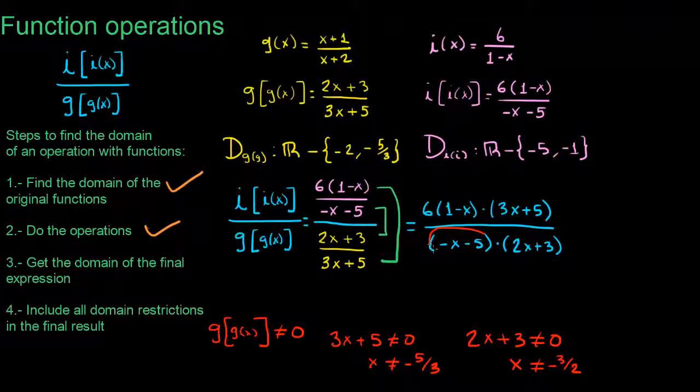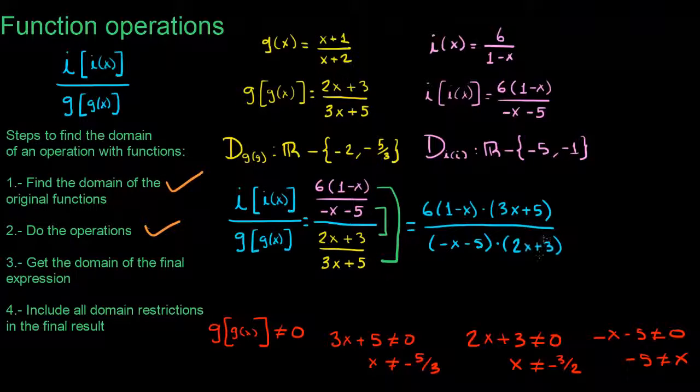Now I have to make sure that this one is not equal to 0. I'm going to do it in here. Negative x minus 5 has to be different from 0. So in other words, negative 5 has to be different from x. Now, luckily as well, this restriction is already placed in here. So we wouldn't have to add it to the final result.